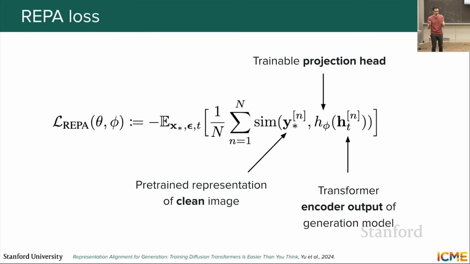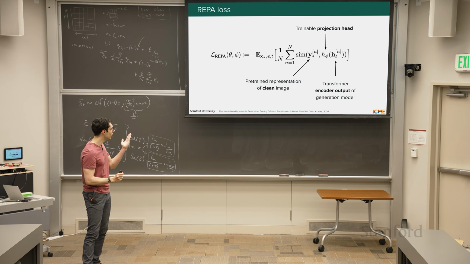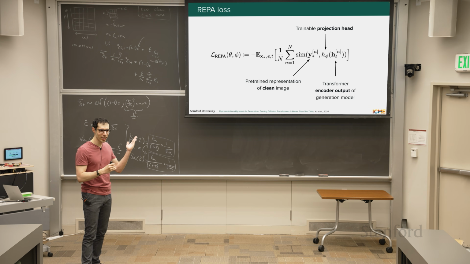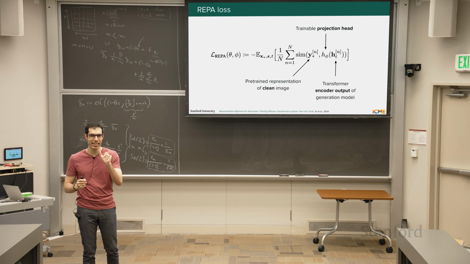In other words, we will be penalizing our model for having a projection of the encoded output of a given patch that is noised. We'll penalize our model for this being dissimilar from the representation given by the pre-trained encoder of that same patch, but cleaned.